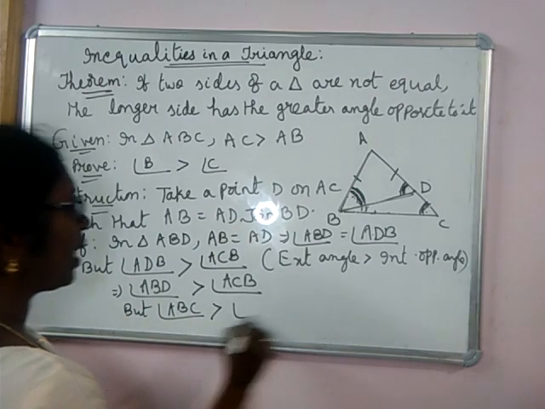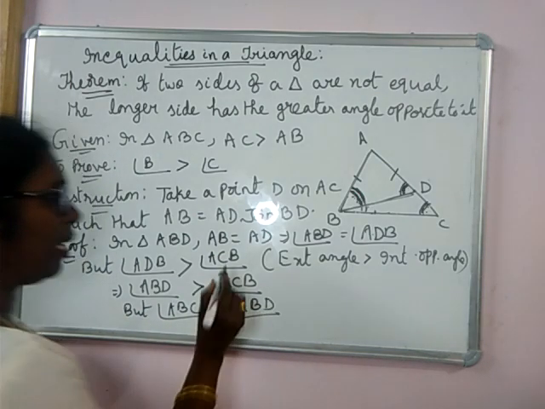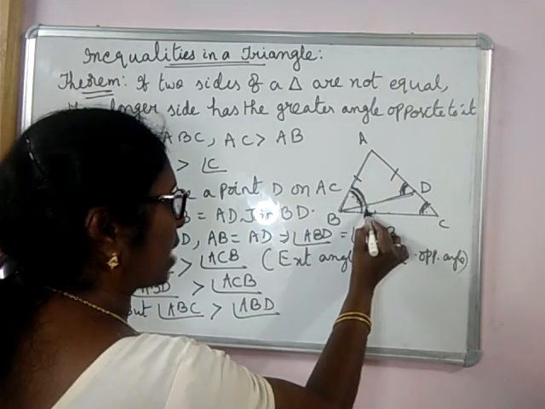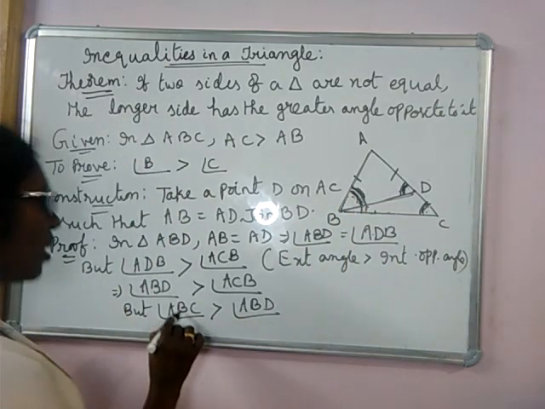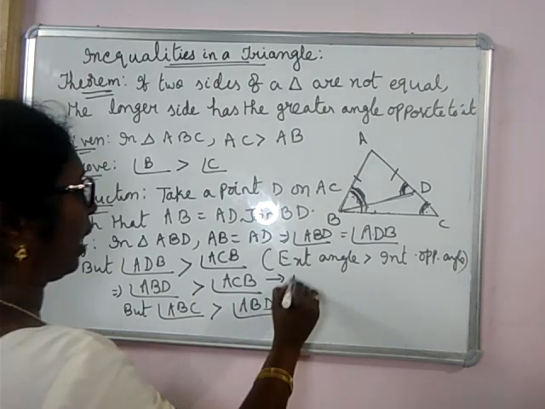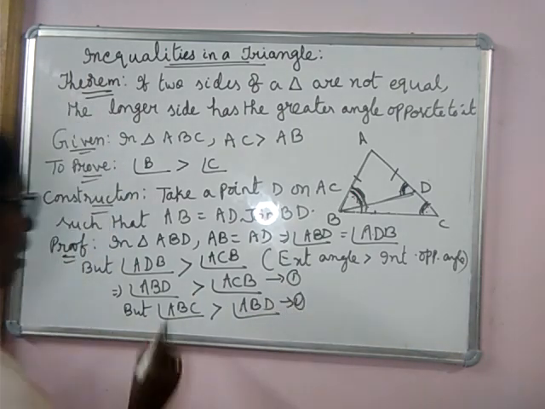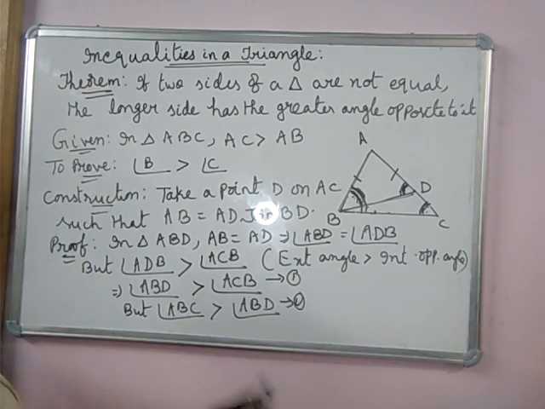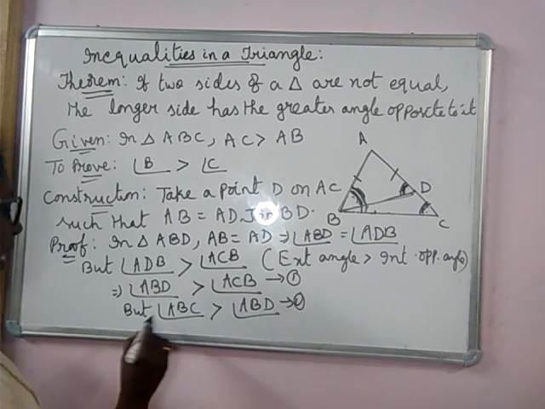ABC is the complete angle, and ABD is part of angle ABC. So from these two you can see here angle ABC is greater than angle ABD. And angle ABD is greater than angle ACB.